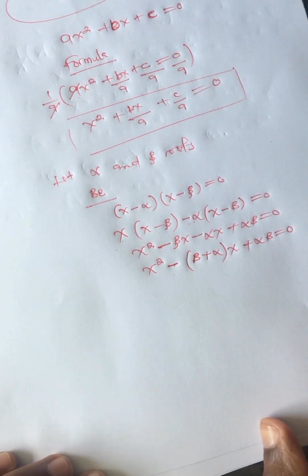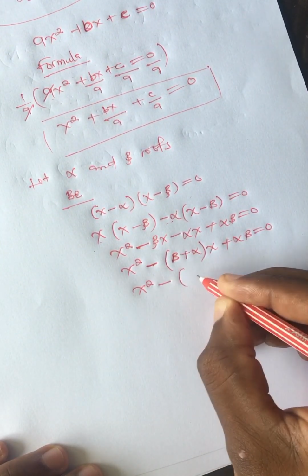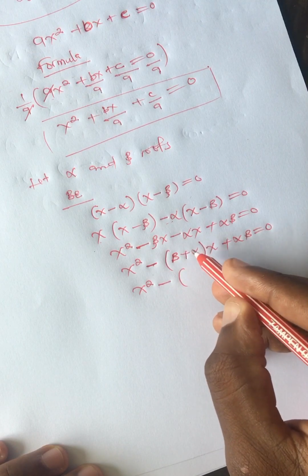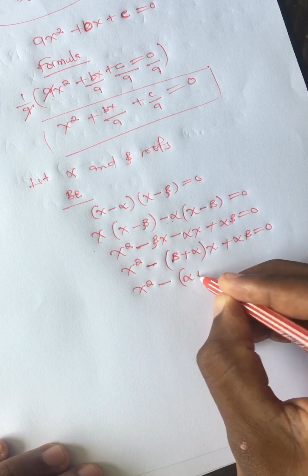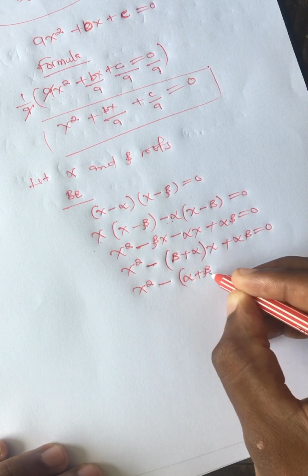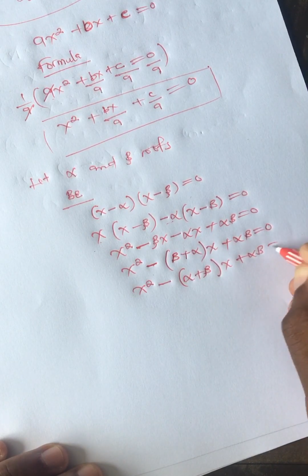Then from there I can say x squared minus. We know that addition is commutative, right? So I write it as alpha plus beta, x, plus alpha beta, which is equal to 0, right?